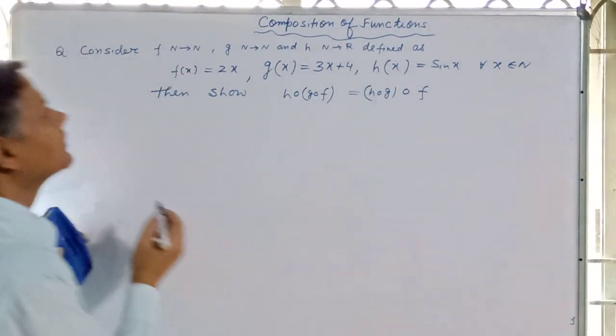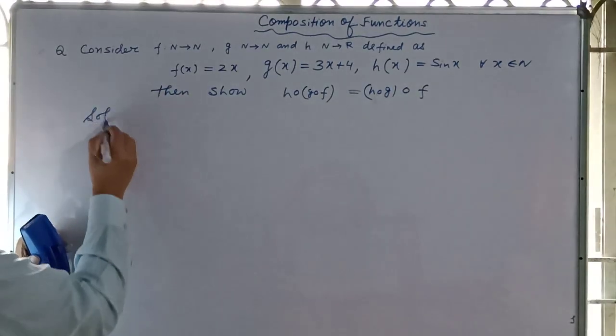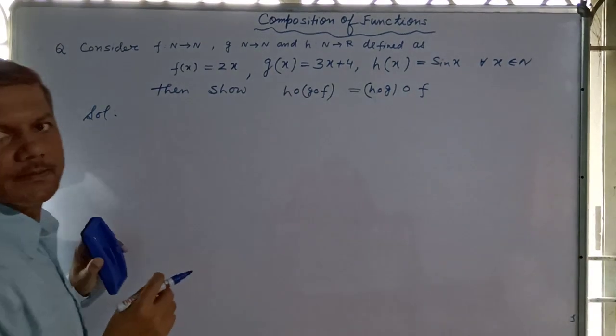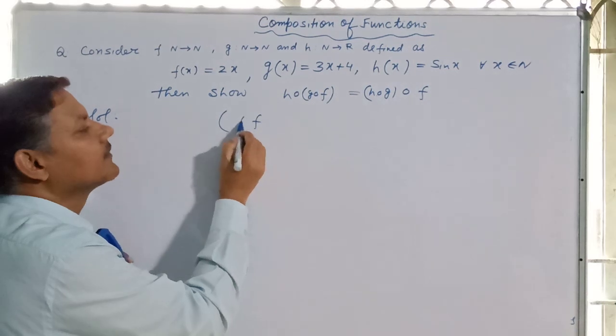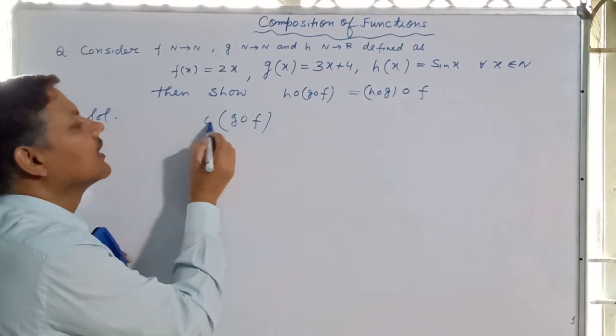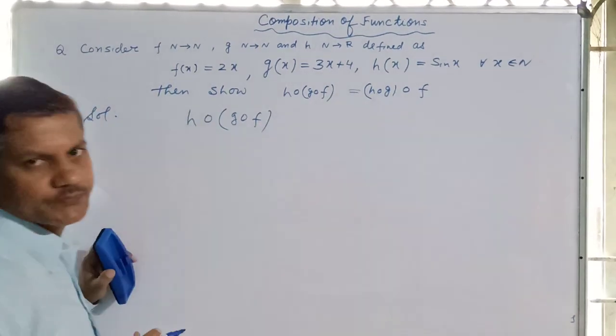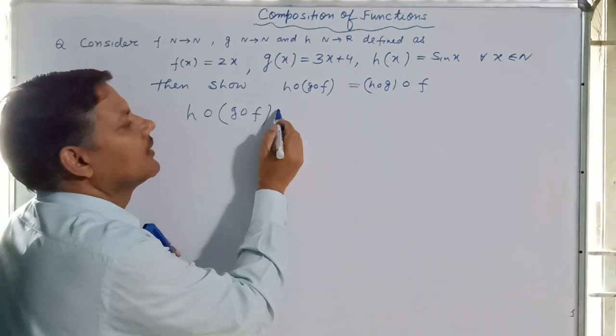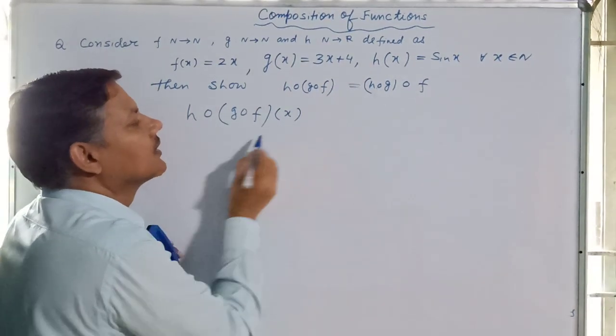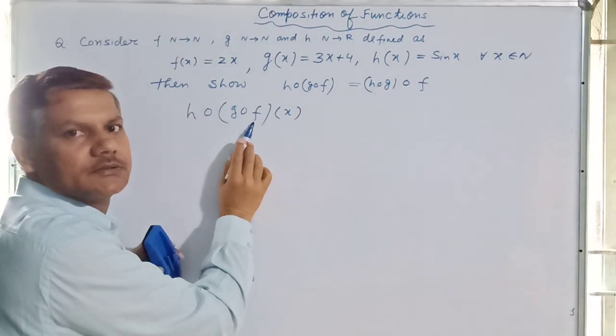So we start from the left side. It is f composition g, then again composition h. What is required here? To take any element of the domain of the rightmost function, that is f.